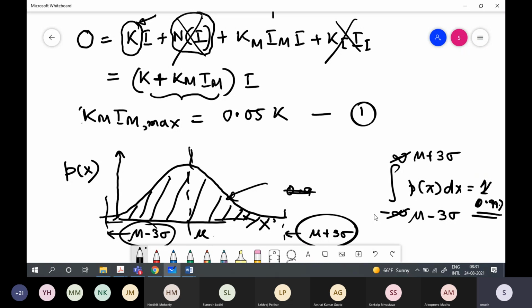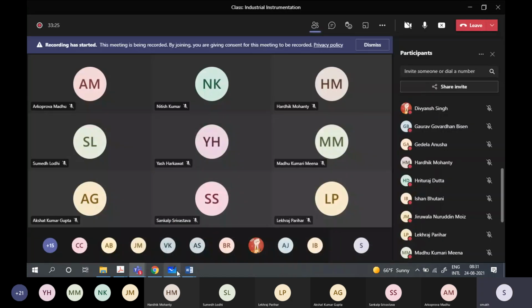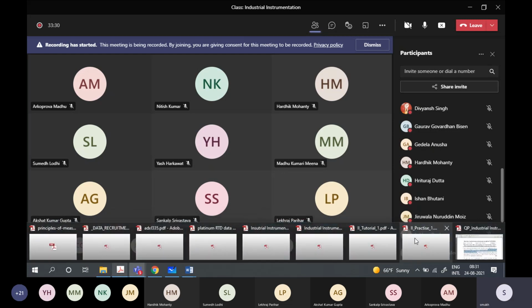So 6 sigma means certainty, but typically we can take it as mu minus 3 sigma to mu plus 3 sigma. That covers almost full probability. Now can we say what will be the limits?